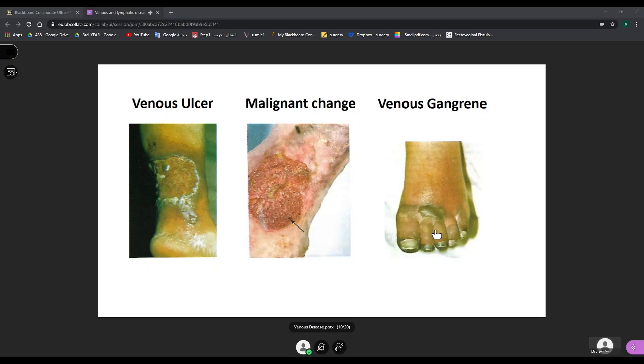As I have said, symptoms can range between discomfort, heaviness, and some burning and distressing pain, in addition to itching, while the signs include lipodermatosclerosis, swelling, eczematous features, and hemosiderosis, pigmentation, and eventually the patient might develop ulceration, and some patients can develop some degree of ischemia.